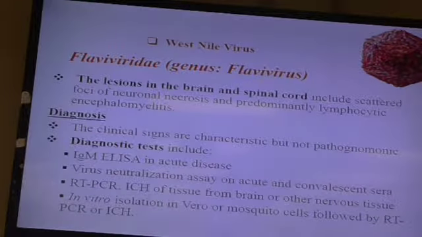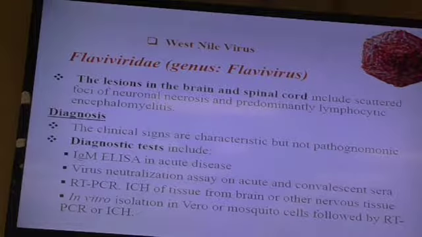Okay, the lesions are basically in the brain and spinal cord, which in this case are lymphocytic encephalomyelitis. So this includes the recruitment of lymphocytes to the site of the infection, as well as necrosis.